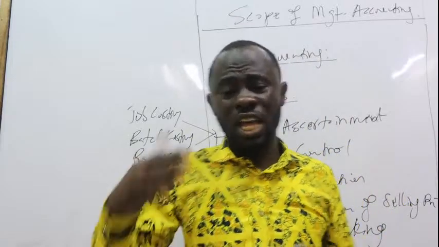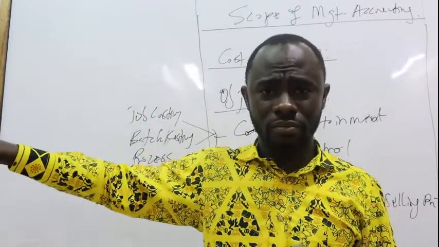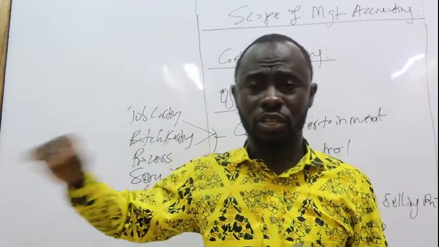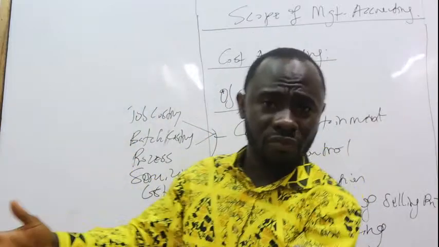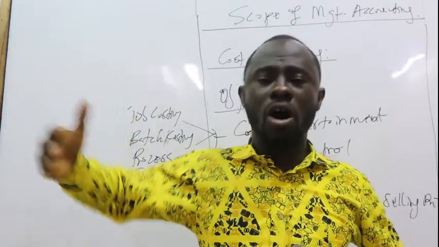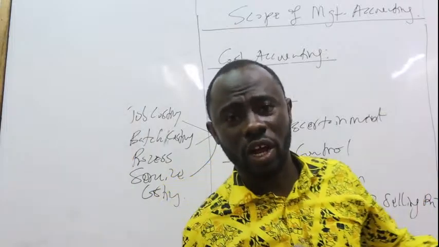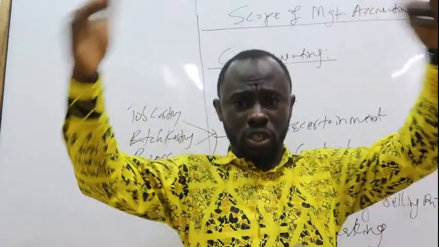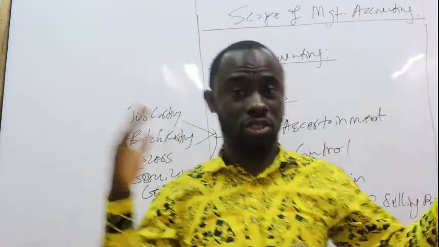It means that we ensure that there is not much idle time among our employees. Because if we are paying employees and they are not doing any job, then we have to make sure we supervise them so that they work as much as they are supposed to work. If they work more hours than they sit down doing nothing, chatting, doing social media or whatever it is, that means we're going to be producing more. All other things being equal, when we produce more, the average cost reduces.